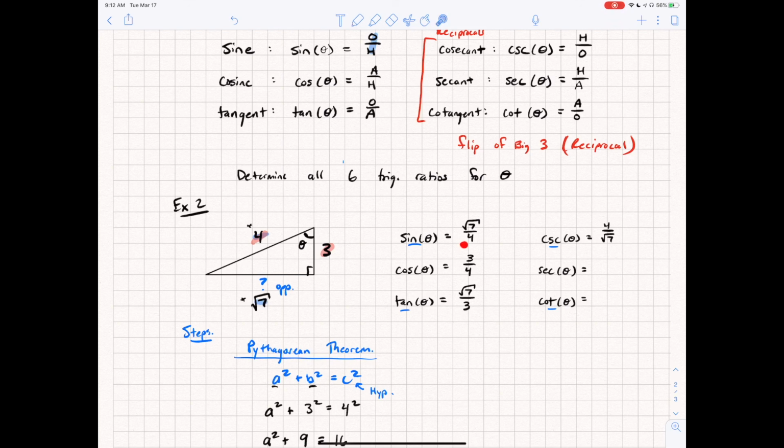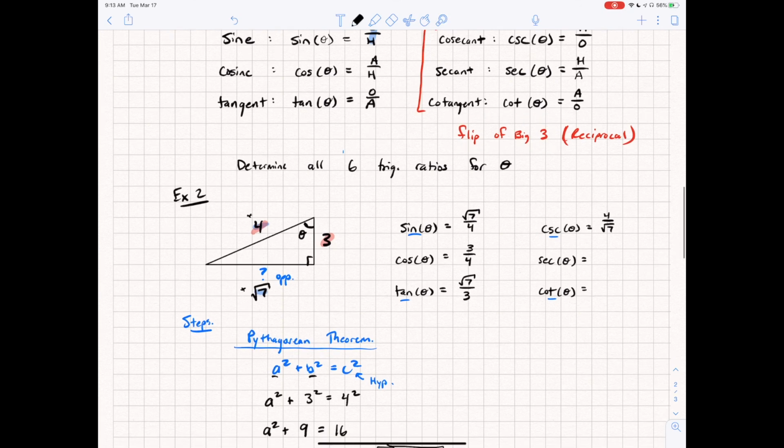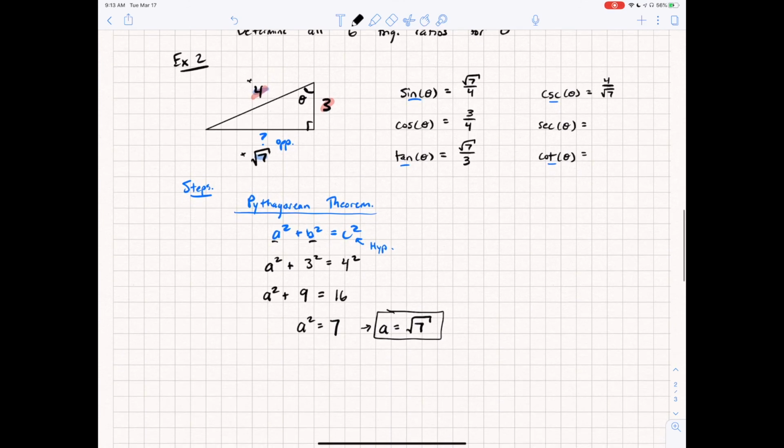But notice how that's really just taking sine and flipping it, because again, that's what they are, right? These other 3 trig ratios here are just the flips. They're the reciprocals. So I don't really need to go back to the triangle once I have the original 3. All I need to do is take these answers and literally flip them. Secant would then be 4 over 3.